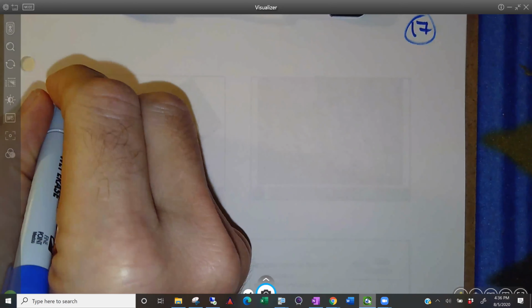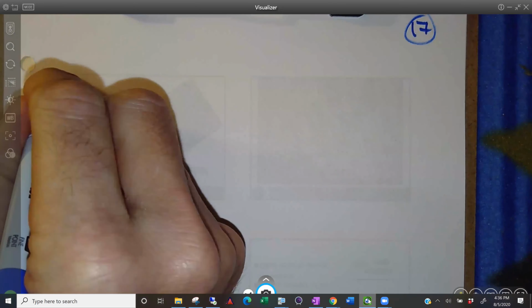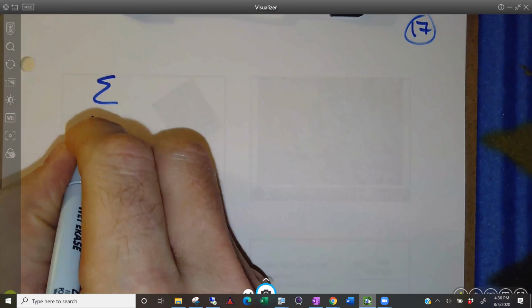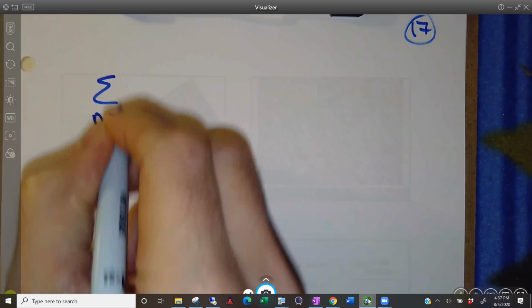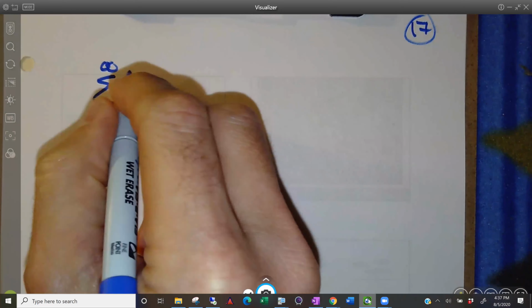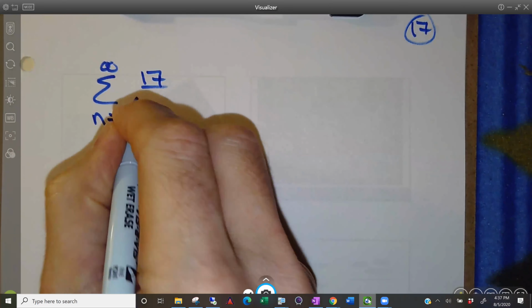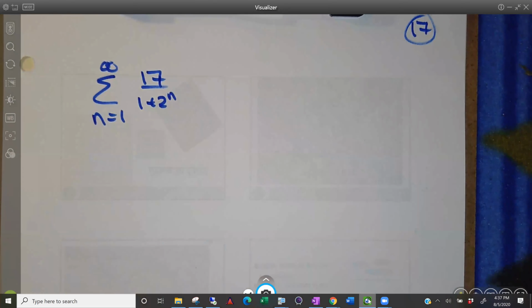Okay. Last one. Let's take a look at this series. The sum from n equals 1 to infinity of 17 over 1 plus 2 to the n.